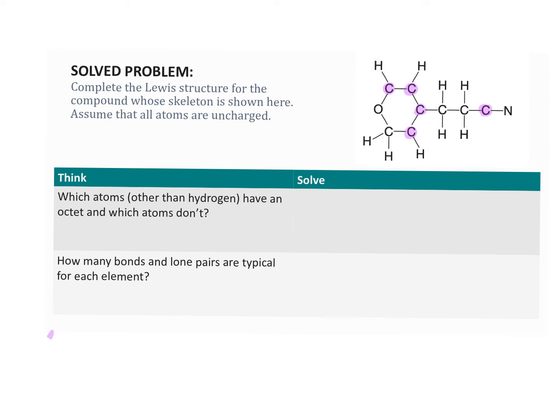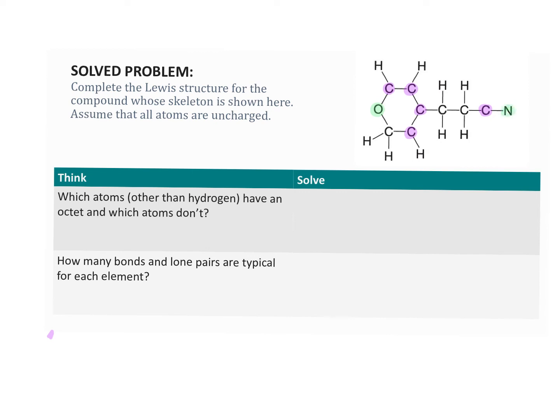So when we look at oxygen here, that oxygen has 2 bonds, but there are no lone pairs shown. Remember from the previous table, oxygen's going to form 2 bonds and have 2 lone pairs.